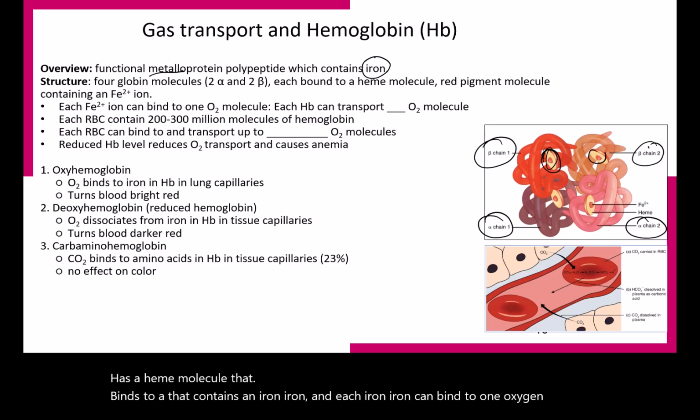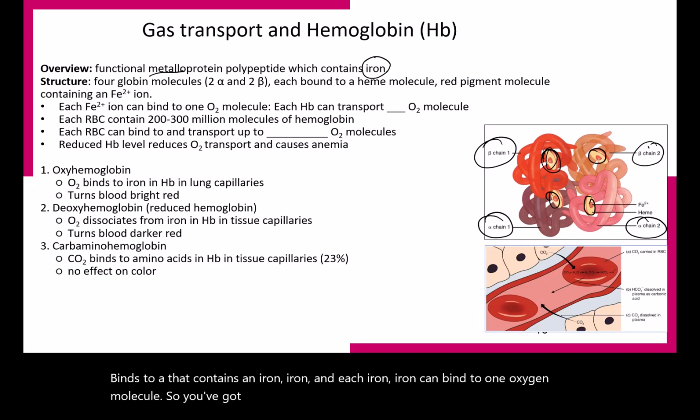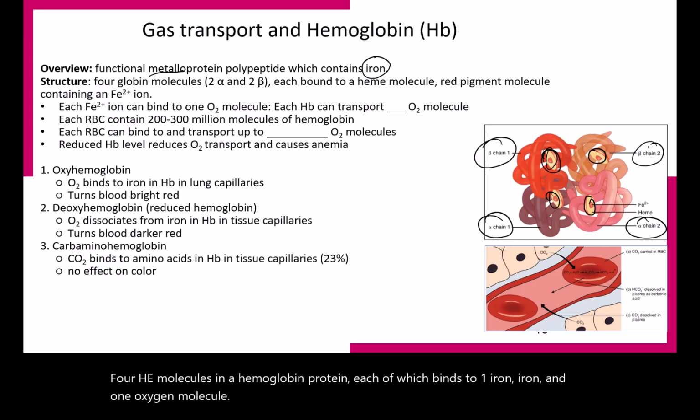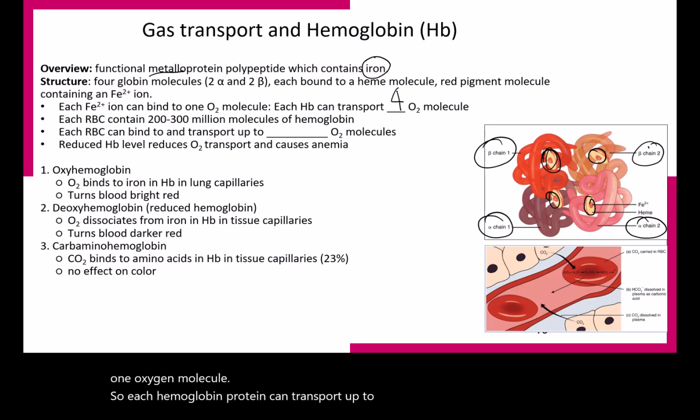So you've got 4 heme molecules in a hemoglobin protein, each of which binds to 1 iron and 1 oxygen molecule. So each hemoglobin protein can transport up to 4 oxygen molecules.